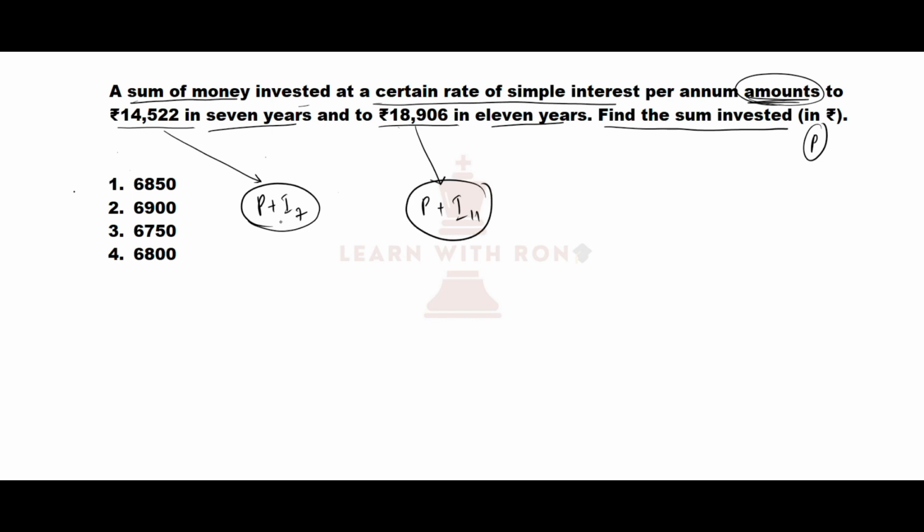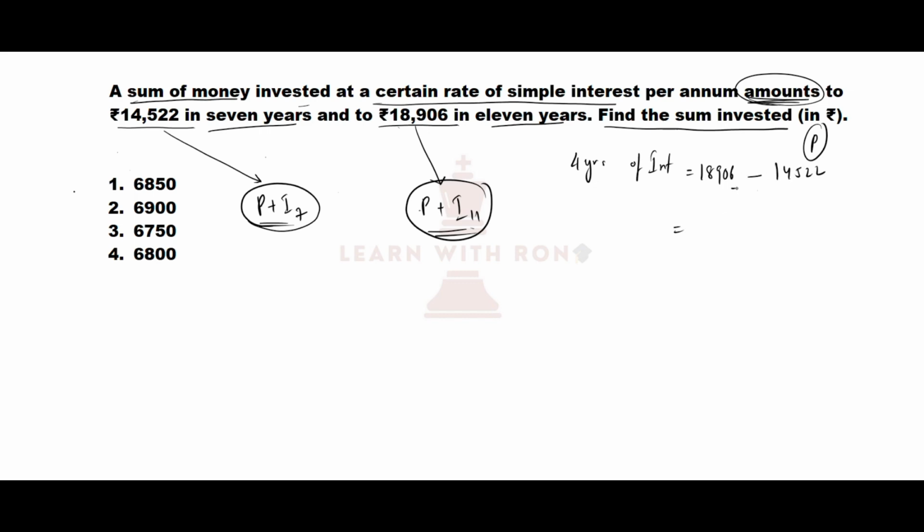So if I subtract principal plus 7 years of interest from principal plus 11 years of interest, what do I get here? Principal gets cancelled and 11 minus 7, I'll get 4 years of interest, right? Which is 18,906 minus 14,522.